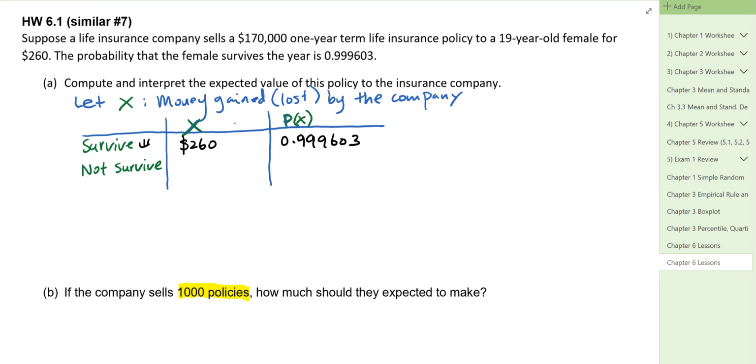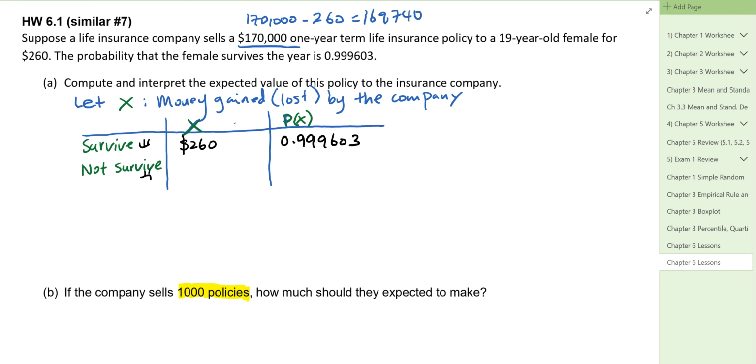Okay, well, the person either survives or does not survive the year. If the person does not survive the year, that's unfortunate, then the company is going to have to pay out. Well, does the company pay out $170,000? Now think about it. When you pay for the insurance, you pay $260 already. So the company actually only pays out $170,000 minus $260.